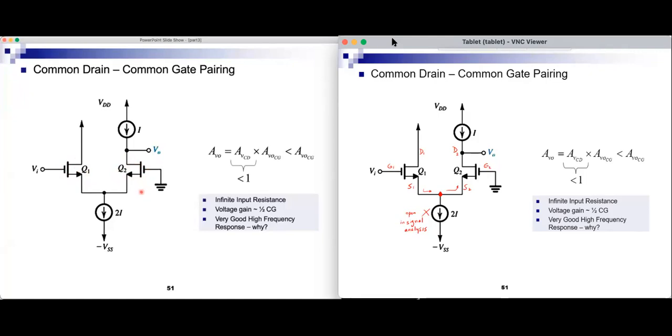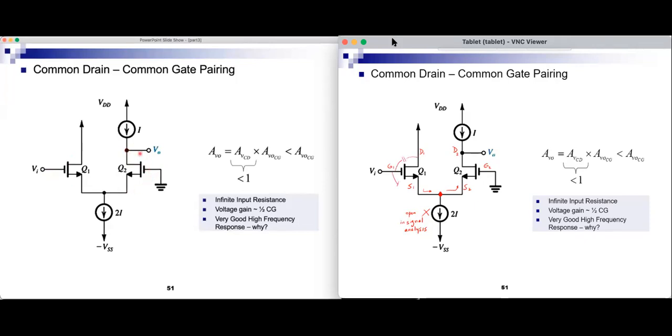The reason for that is that there is no capacitor that has what we call the Miller effect, connected directly between the input and the output. I have a capacitor here, here, here, and here.